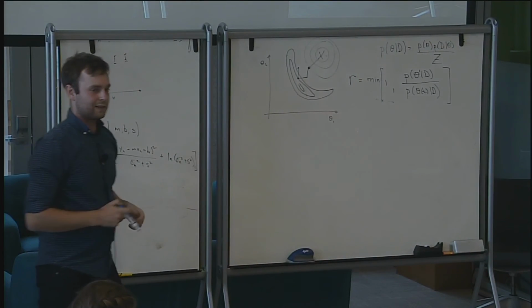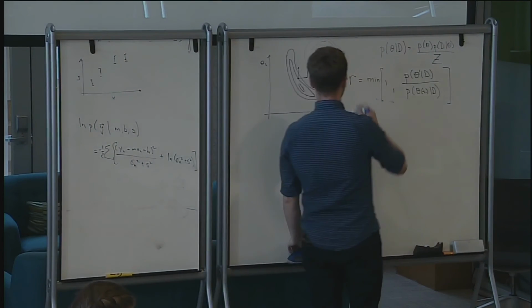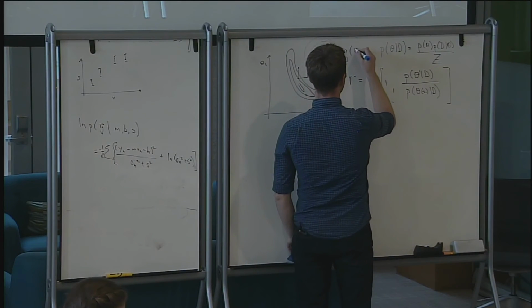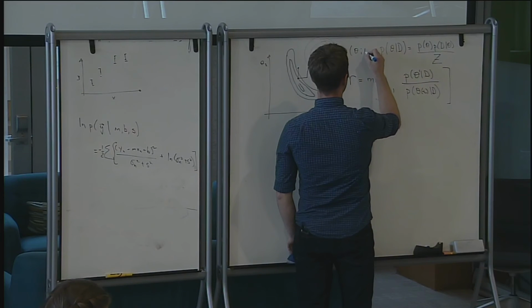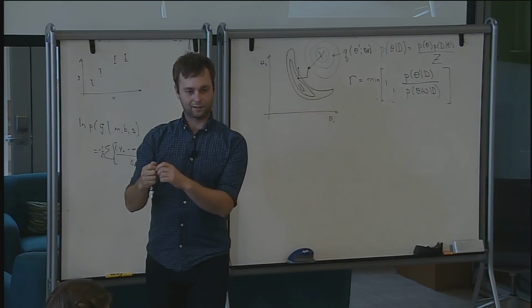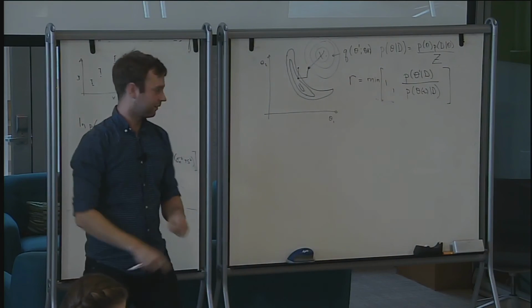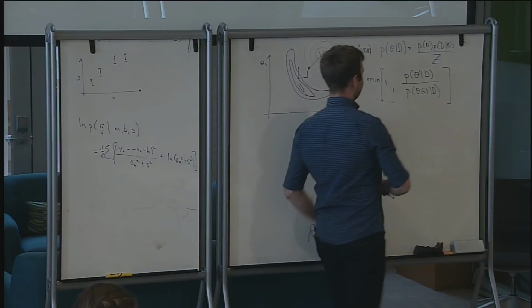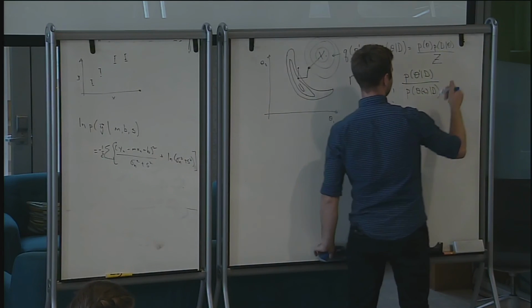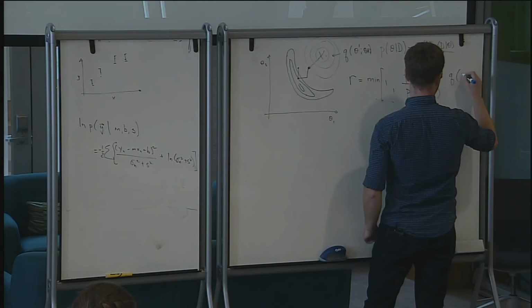Now, just for completeness, it's worth adding one thing here. Let's say that this proposal distribution is called Q of theta prime given theta t. So it takes the current location and proposes a new location. You actually have to include a term over here to make things completely correct that looks like this.